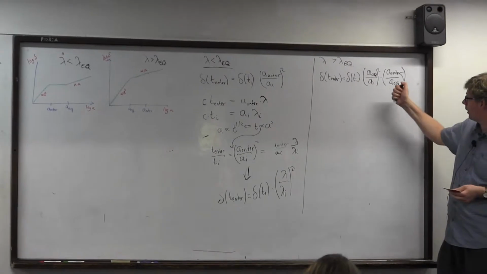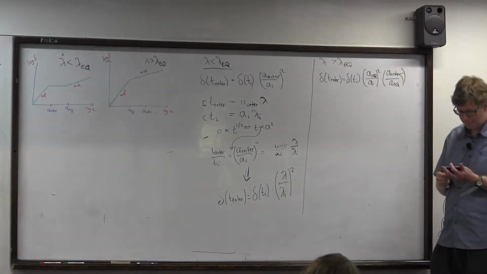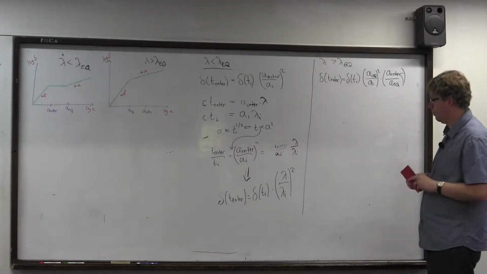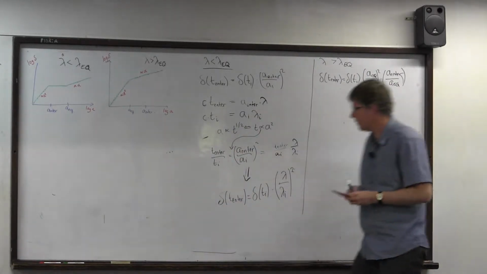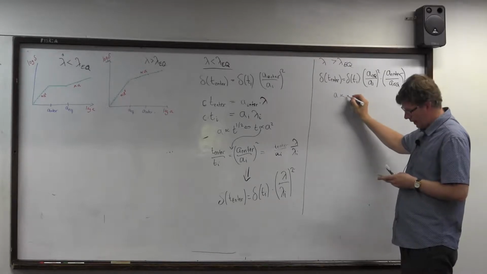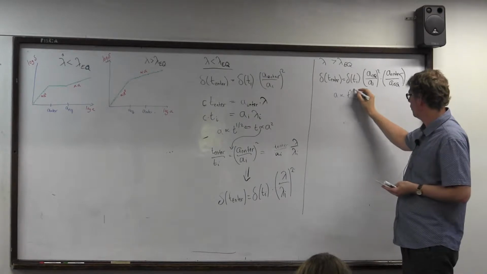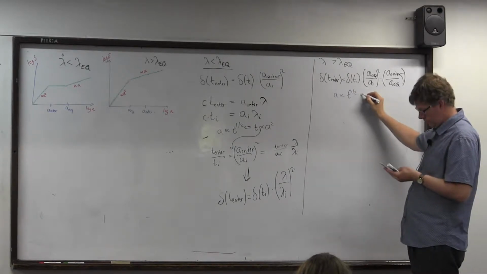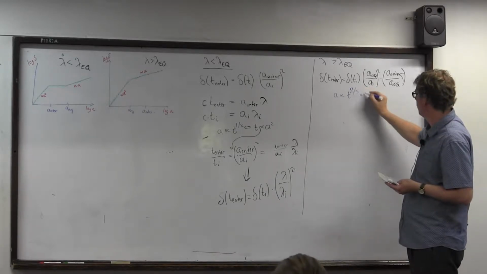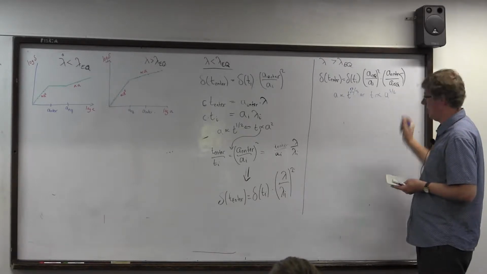Now I need to see if I can write this in the same form as I wrote this. In this case, you need the other solution for the Friedmann equation you got yesterday, which was that A goes as 2/3, or the time is proportional to A to 3/2.